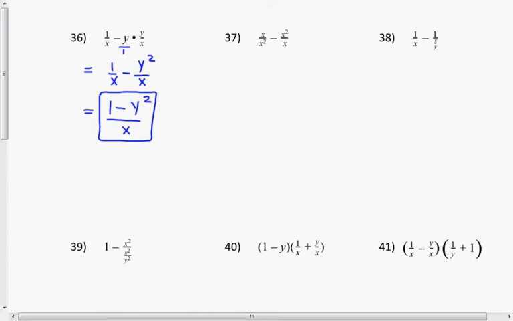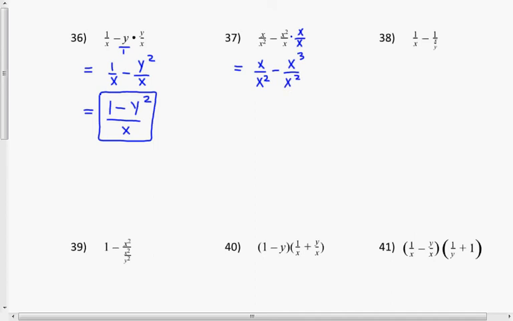In number 37, we can't subtract these fractions because they don't have a common denominator. So the common denominator is x squared. That means I need to multiply by x over x for that second fraction. So I have x over x squared minus x cubed over x squared.